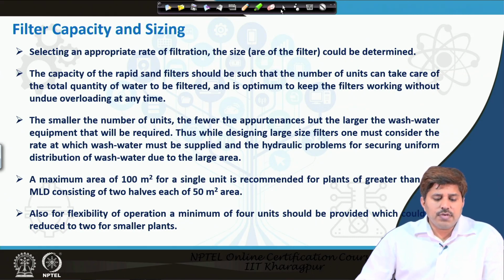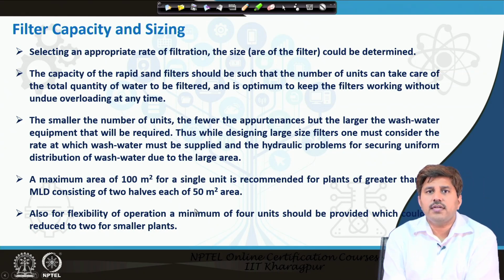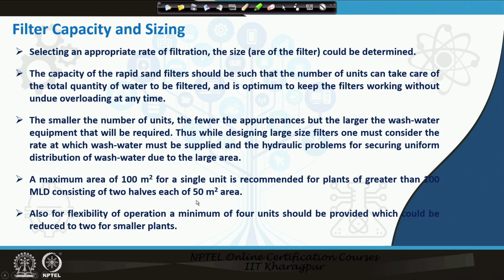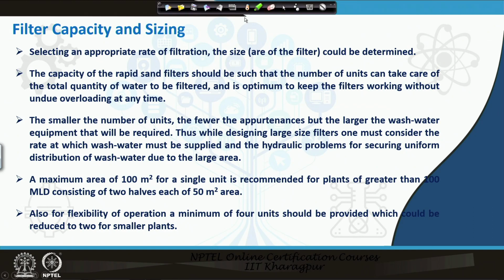Generally, a maximum area of 100 meter square for a single unit is recommended, and greater than 100 is for plants treating greater than 100 million liters of water, where we can go for a higher area.